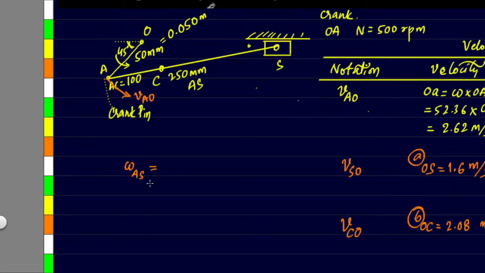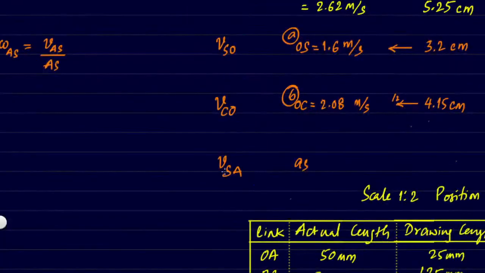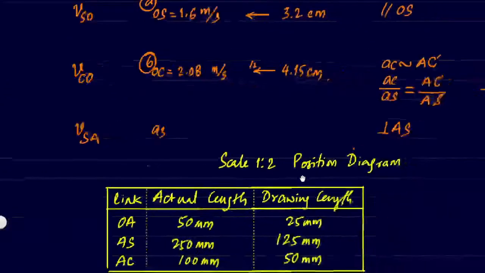And the formula for this, we can take it as the velocity of A with respect to S divided by the length AS. That will give us the angular velocity. The velocity of A with respect to S or S with respect to A, both are the same. So this is what we have been asked now to measure.